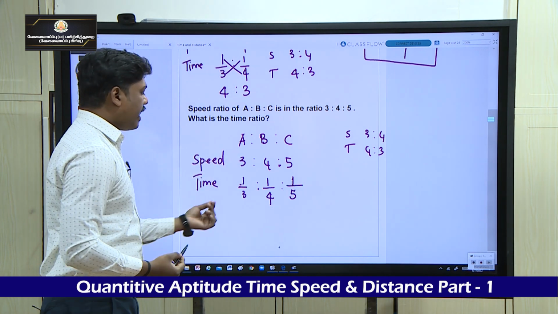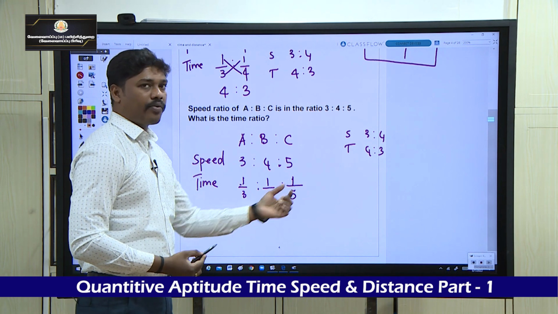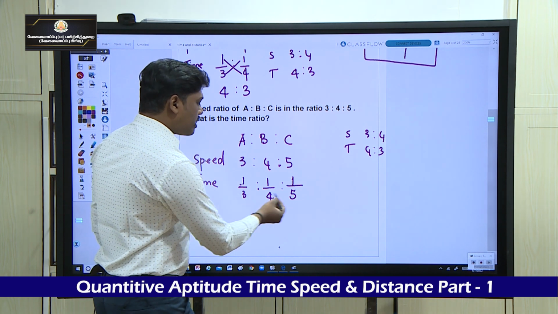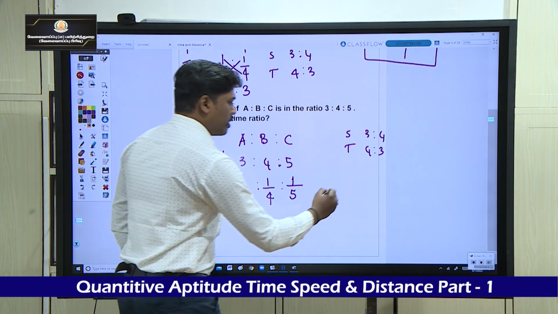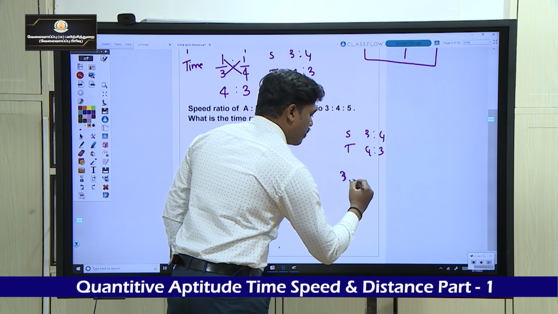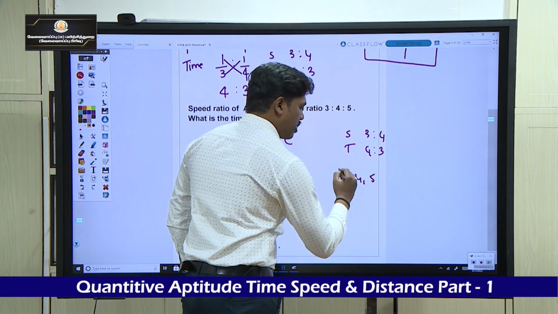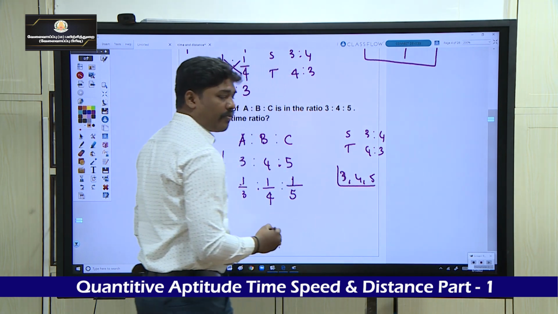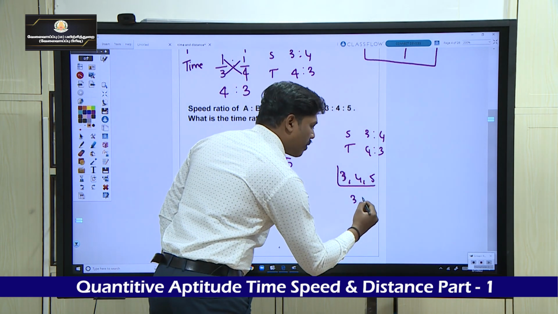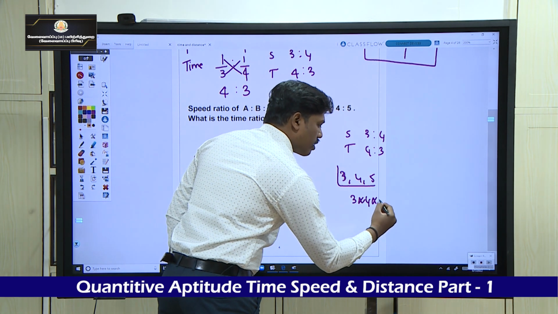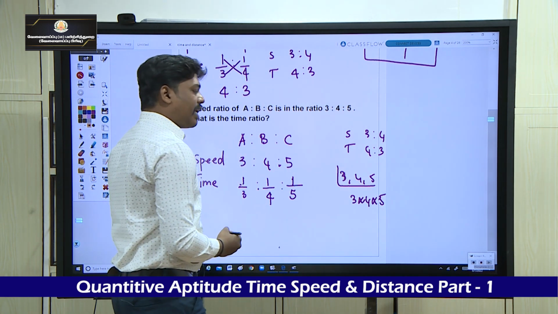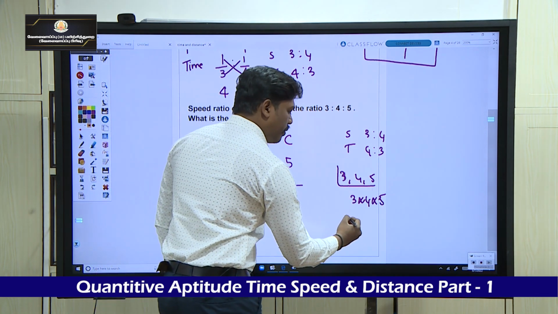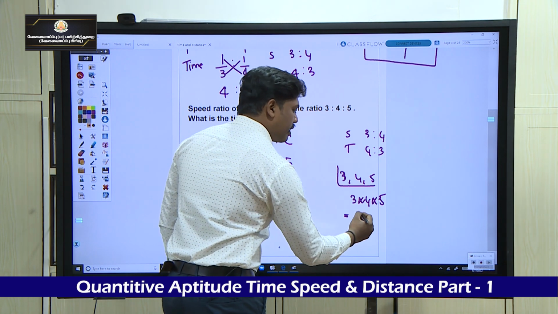Now take the LCM of 3, 4 and 5. What's the LCM? You will get 60. How will you find it? For consecutive numbers, to find the LCM just multiply all the numbers. 3 into 4, 12, into 5, 60.